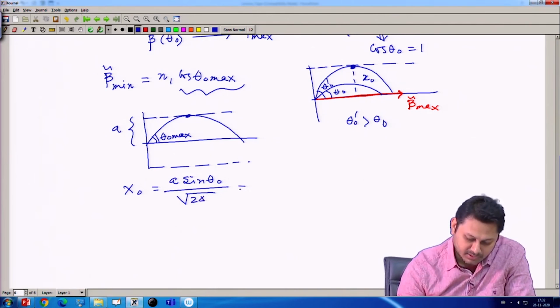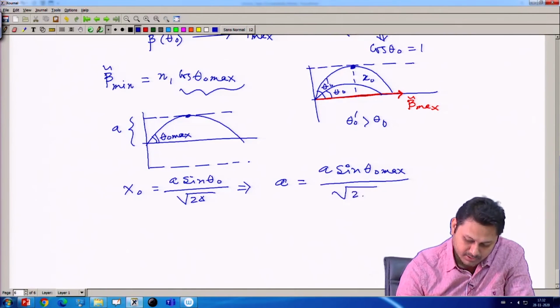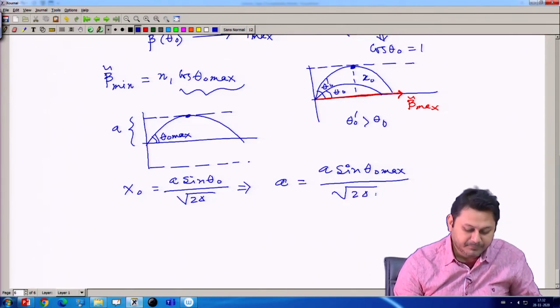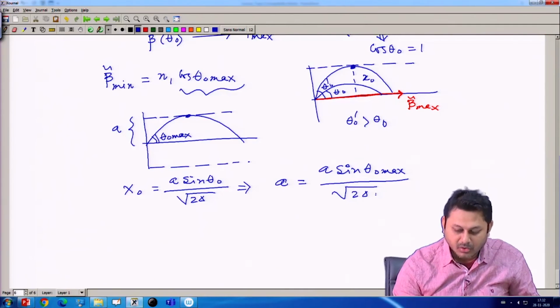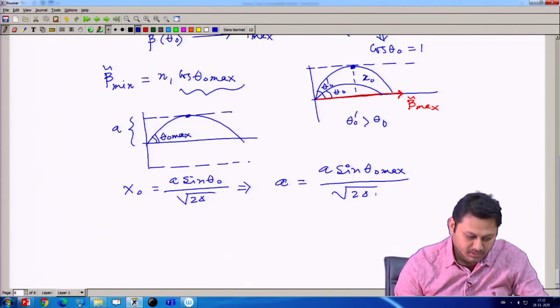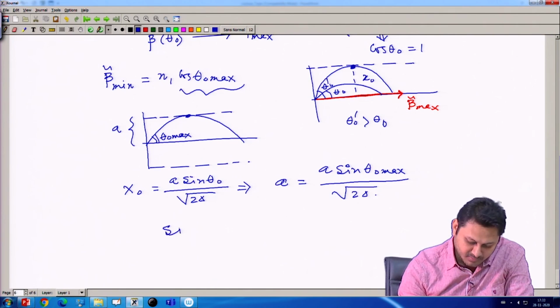Now, I know that when x 0 is my A, the right hand side is A sin theta 0 max divided by root over 2 delta. So, from this expression I can find sin theta 0 max, which is eventually root over 2 delta.